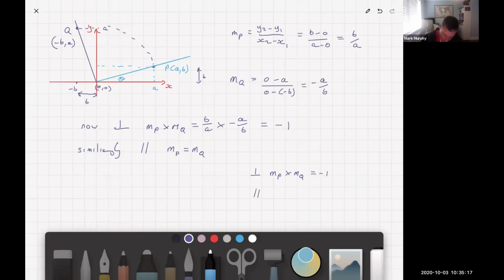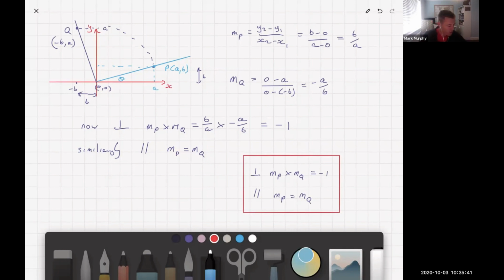And for parallel lines, MP is equal to MQ. Okay. Now we'll do the MP by MQ equals minus 1 in trigonometry as well later, in section 5. It's the angle between two lines formula, but we'll come to that as well.